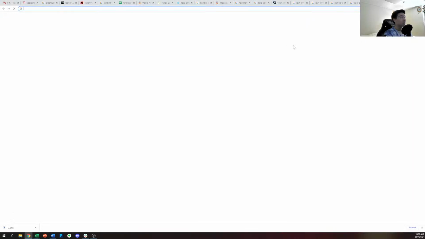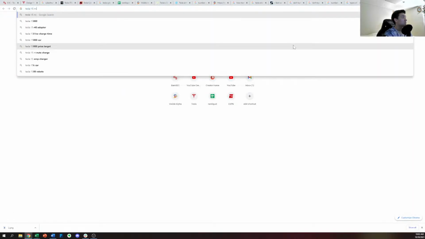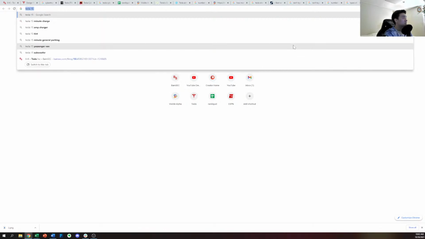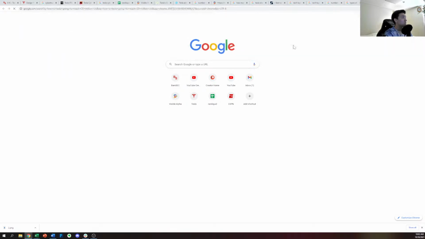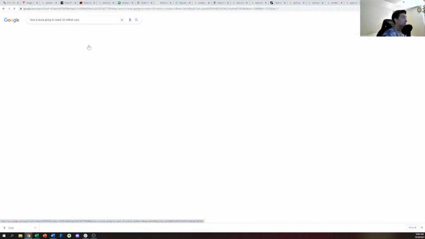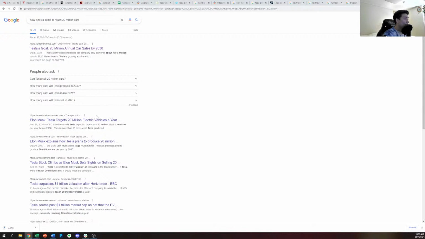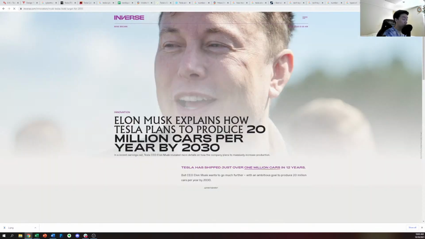So there's so much conjecture. How is Tesla going to reach 20 million cars? Elon explains how Tesla plans to produce 20 million cars.